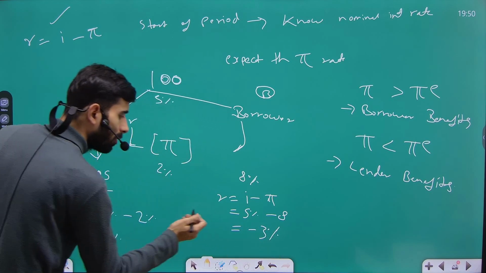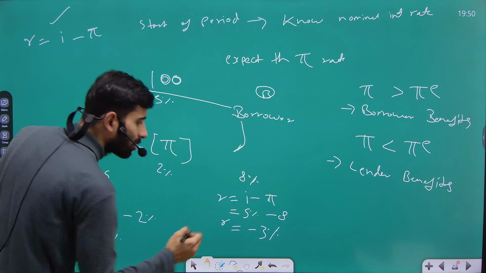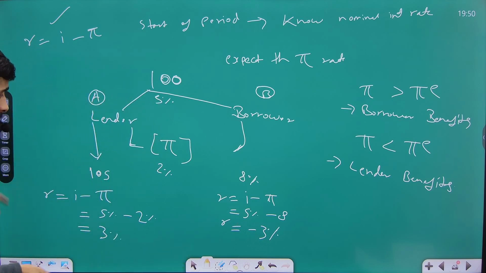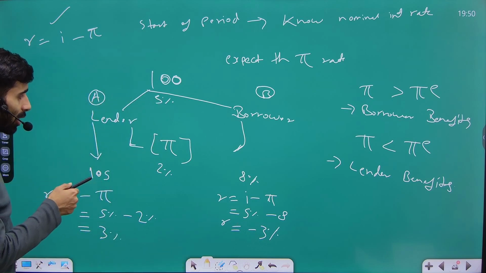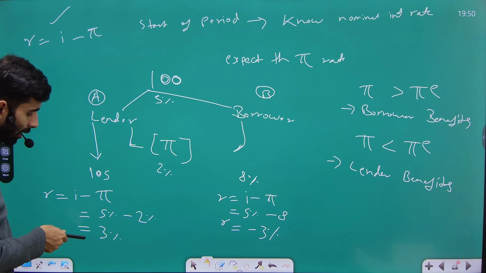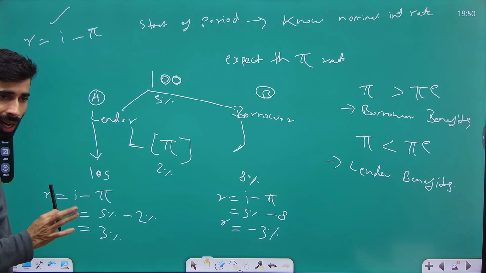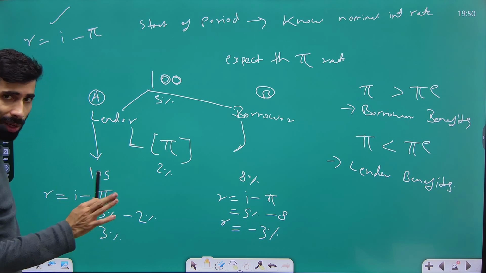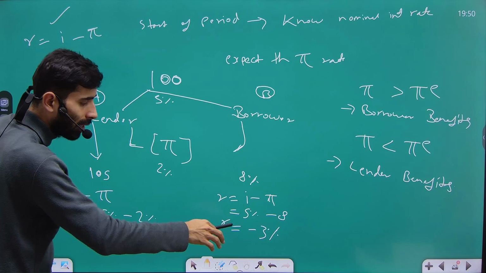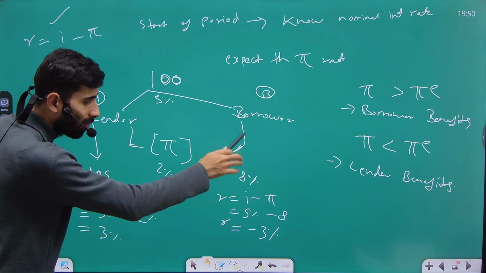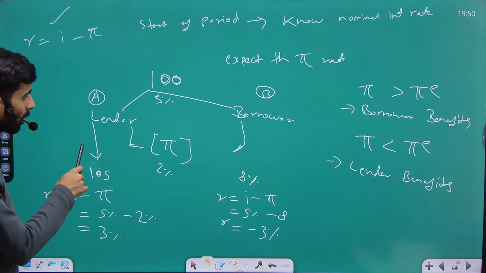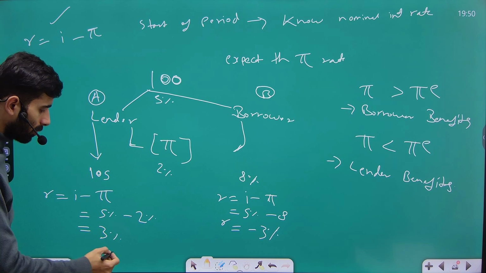So basically here the real interest rate is minus 3%. It means if the expectation of the lender is right, then he will earn an additional 3%. But if the prediction of the borrower is right, then the borrower will gain 3% and the lender will lose 3%.